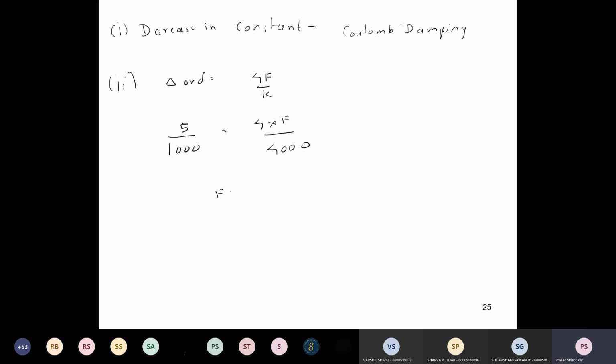So F, the damping force, is equal to 5 newtons. And natural frequency omega n is equal to square root of K by M, which comes out to be 14.14 radians per second.